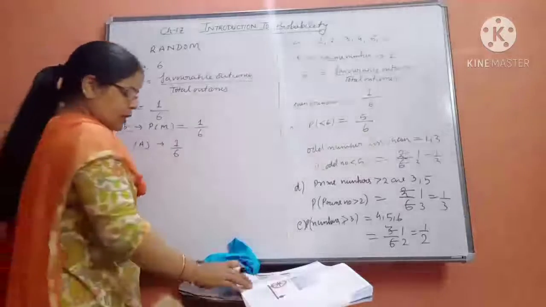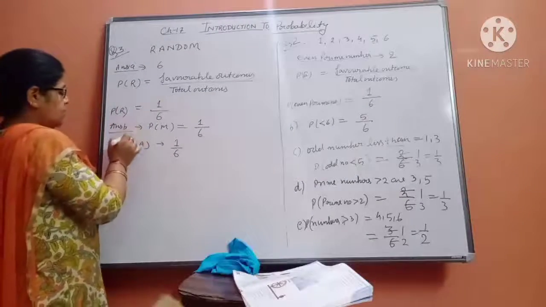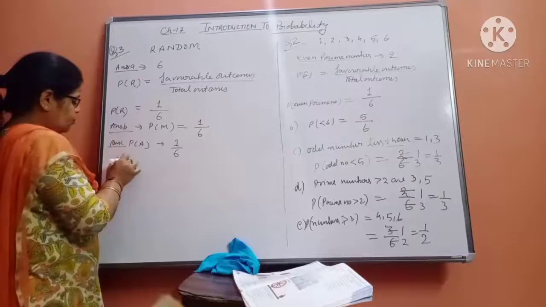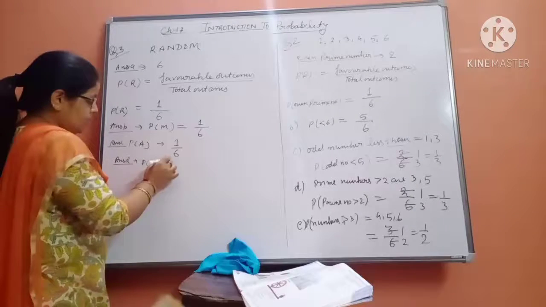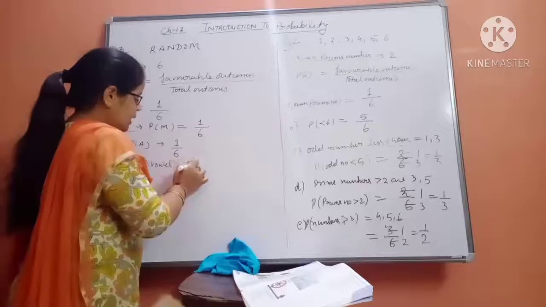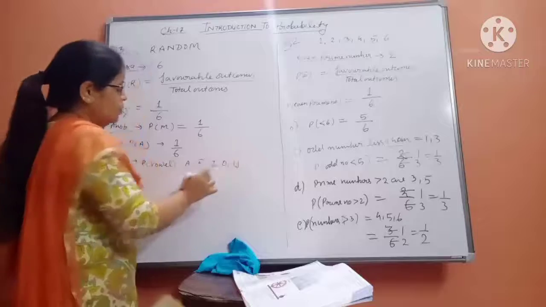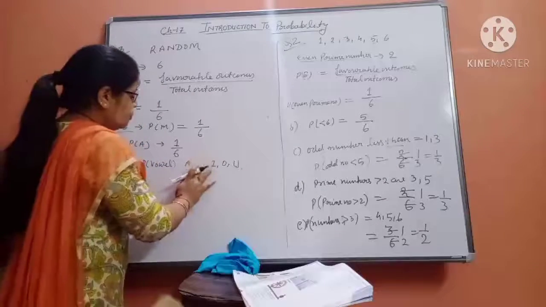Okay. Now see the fourth part. It is answer C. Then answer D we are going to do, and in answer D, the probability of vowel. Vowel means A, E, I, O, U. See that E is not here, so you rule it out.